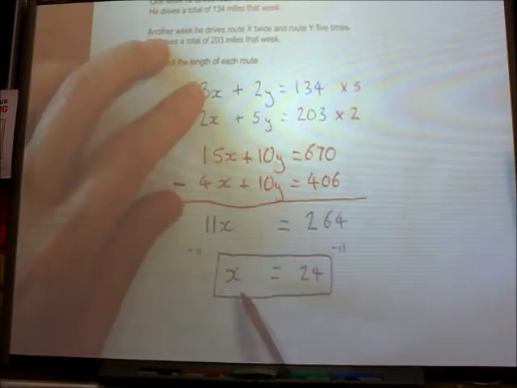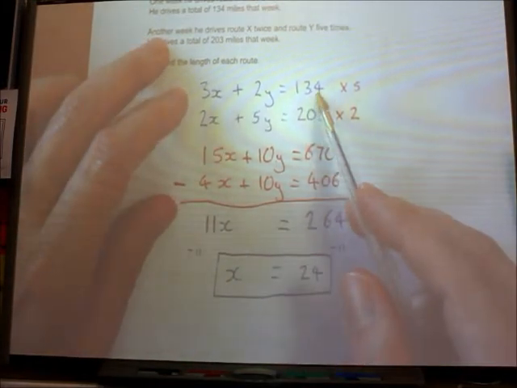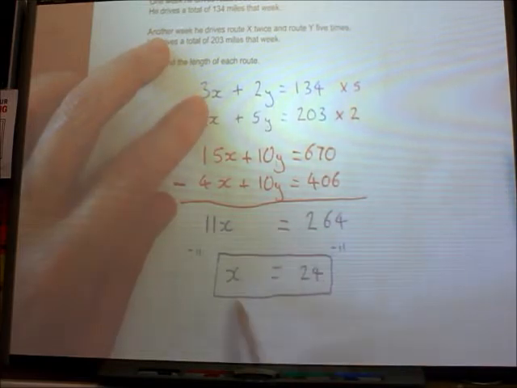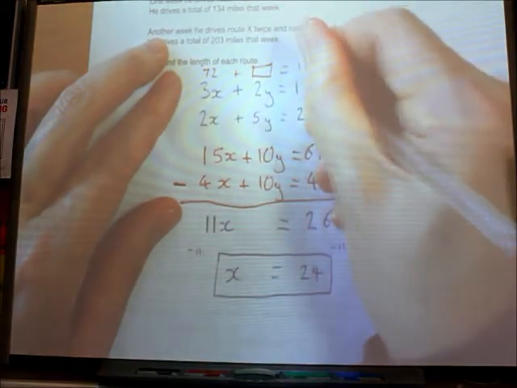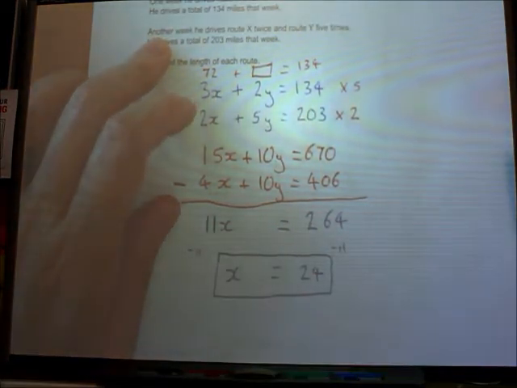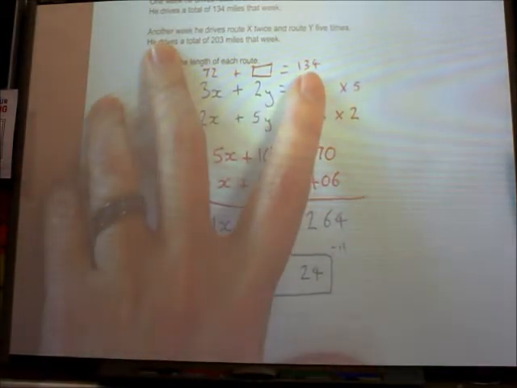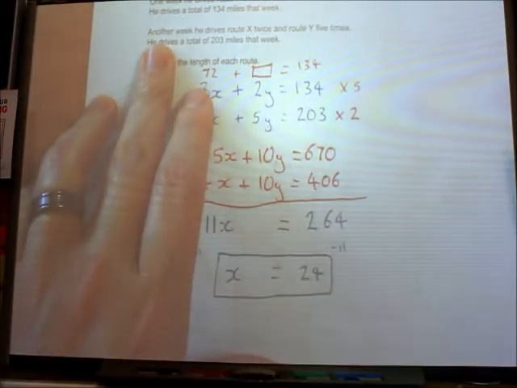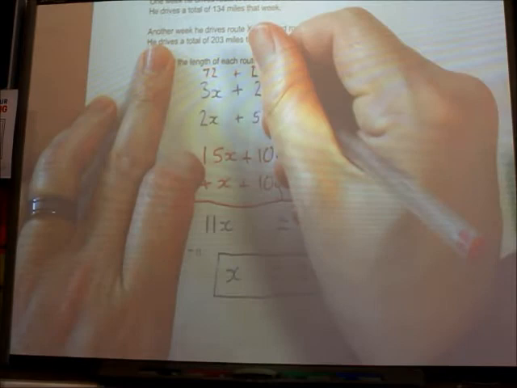So 3 lots of x, add 2 lots of y is 134. Well, we now know x is 24. So 3 lots of 24 is 72. So you've got 72, add something, gives you 134. So you need to work out what that something is. So we're going to do 134, take away the 72, and that will leave us with 62.